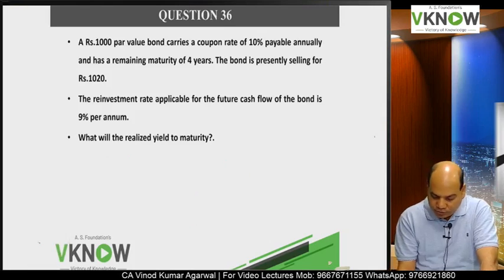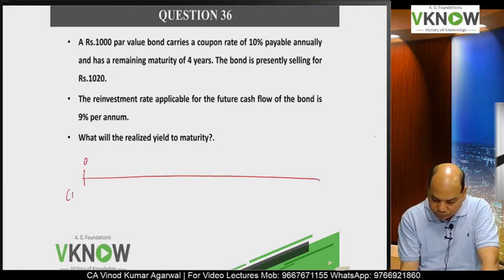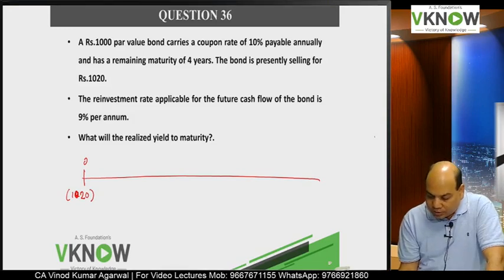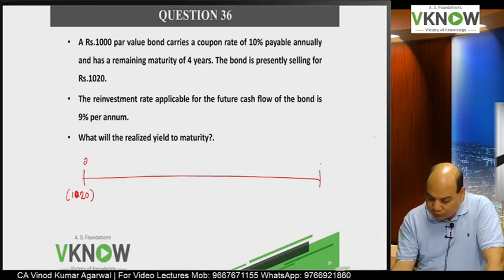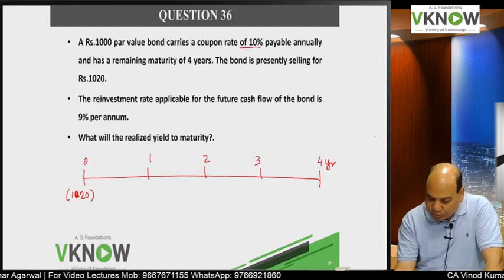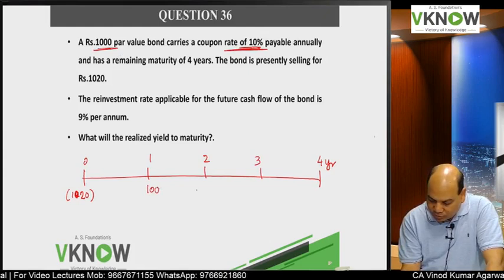So you will have to invest 1020 rupees today. In year 0, you have to invest 1020. Okay. Then it says it has a life of 4 years. 1, 2, 3, 4. Life is 4 years. And how much is the coupon? 10%. Coupon will be calculated on face value.